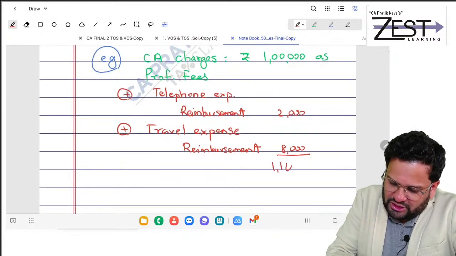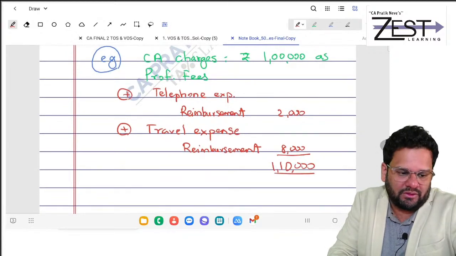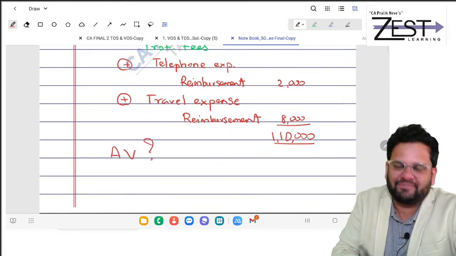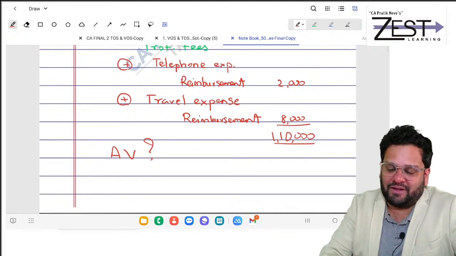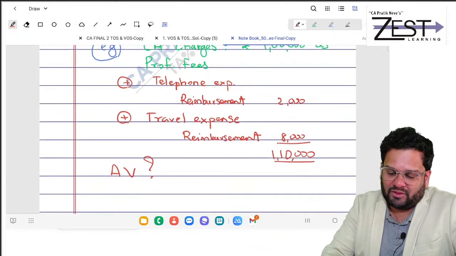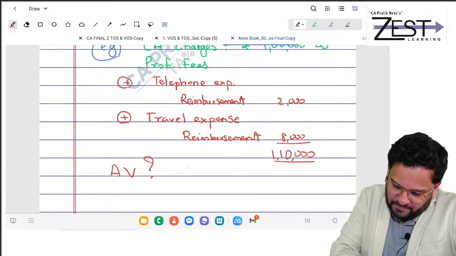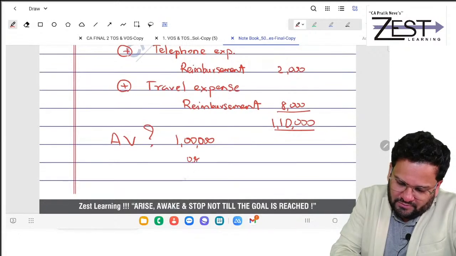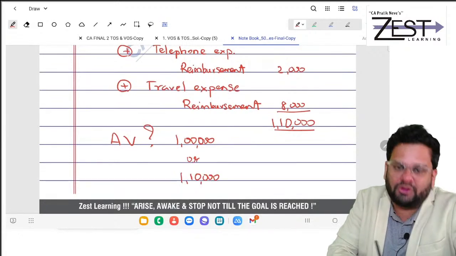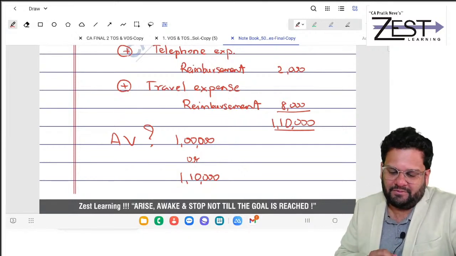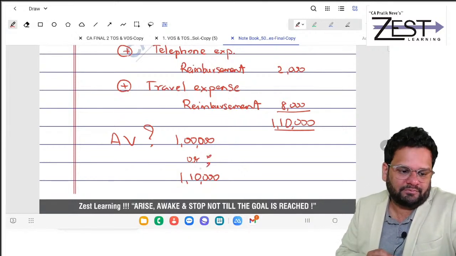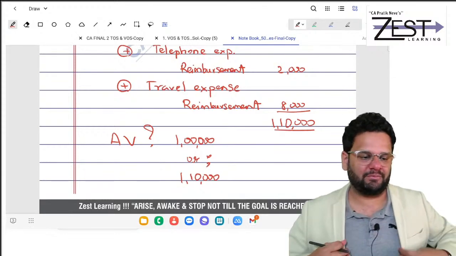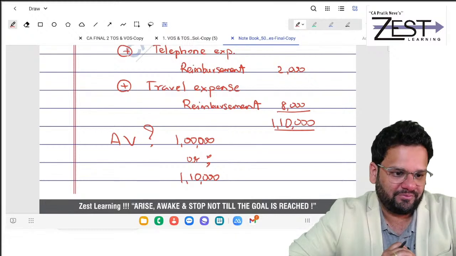So total amount charged is 1,10,000. Now can you tell me what is the assessable value? Is assessable value 1 lakh or 1,10,000? What do you think? Tell me. Waiting for your solution.